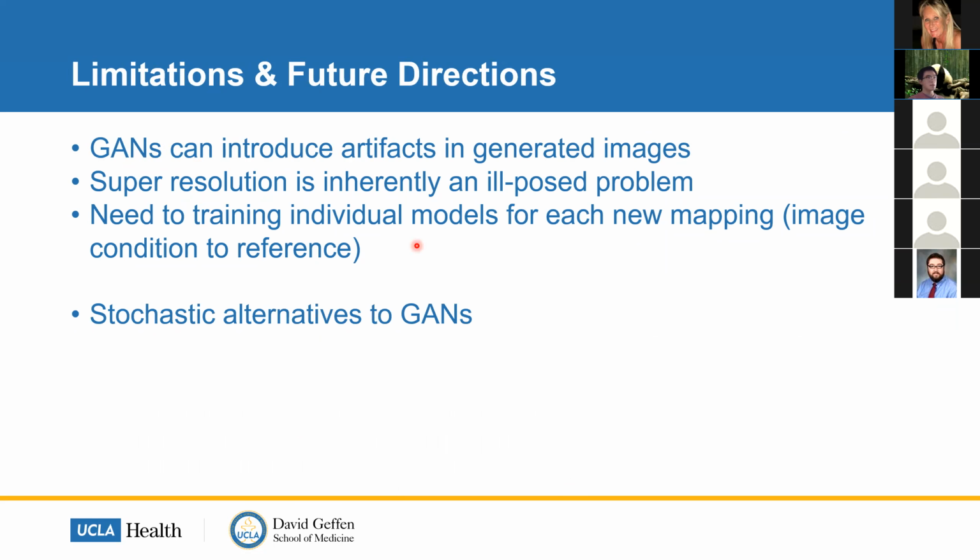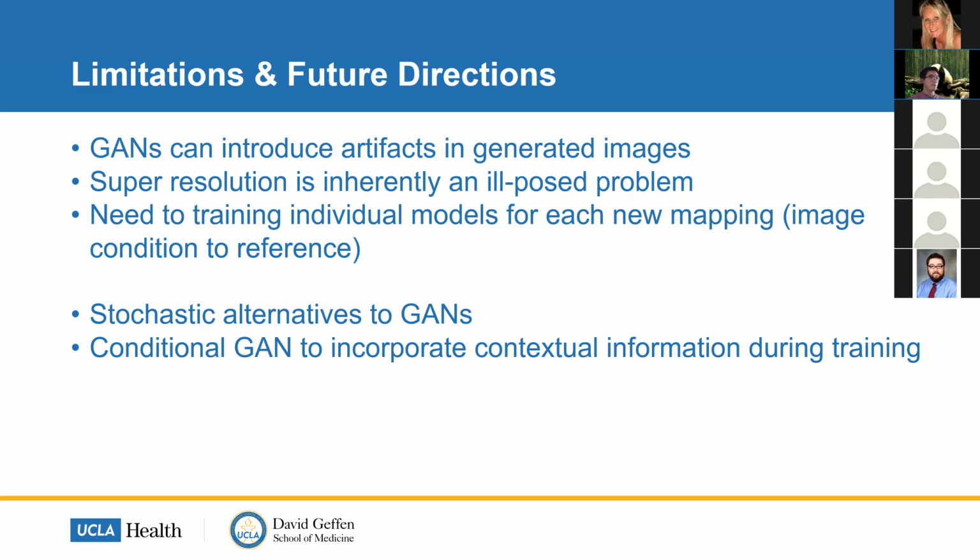Some future directions we are currently thinking about exploring: we can have a stochastic alternative to the GAN to address the second limitation, and we will also explore a conditional GAN to incorporate textual information during training to create a unified model for all mapping scenarios to make it more efficient.